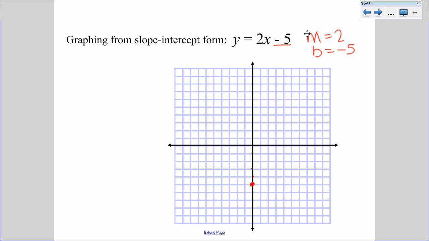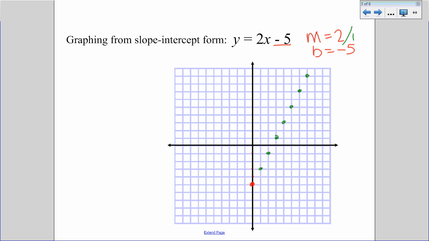And then I have a positive 2. If you need to write that as a ratio over 1, so you have 2 over 1, that means you're going to go positive 2 and then right 1. Increase 2, go right 1. We're going to do that across there. I take it all the way across my graph. Notice my points are still making a straight line, and that way it's easier for me to connect these without a ruler.